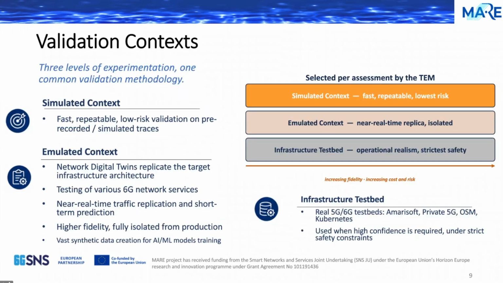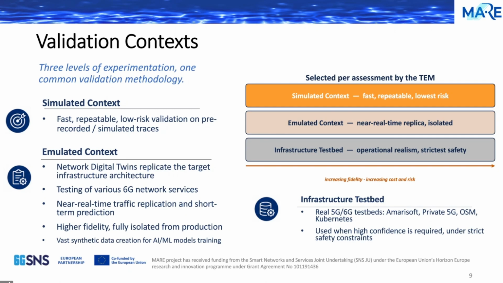The validation contexts that we have considered are three, as I've said before. The simulated context is for fast, repeatable, low-risk validation on pre-recorded simulated traces. The emulated context is basically network digital twins that replicate the target infrastructure architecture. They can test various 6G network services, up-and-coming experimental network services that could be offered by the 6G solution.